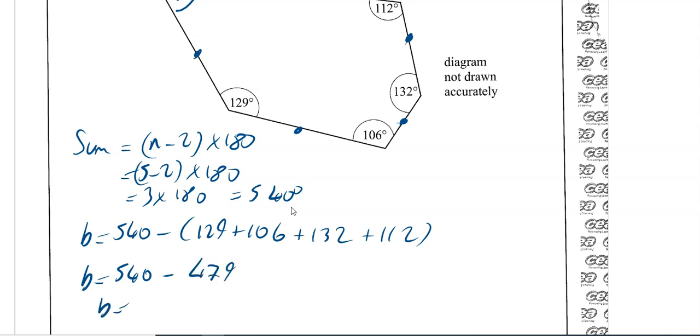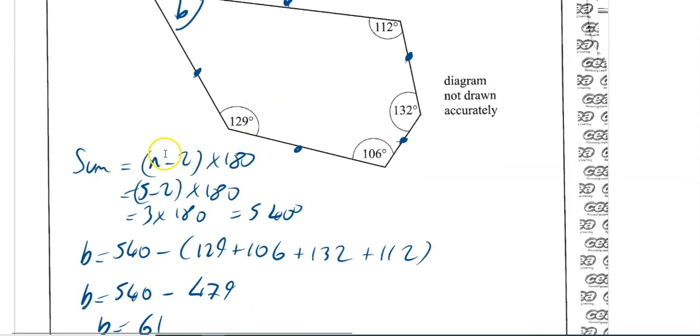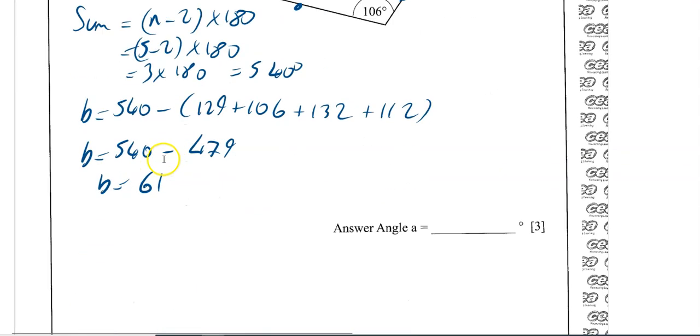So B is equal to 540 minus 479, which is equal to 61. Then A and B are on a straight line, so angle A is equal to 180 minus 61, which works out to be 119 degrees.